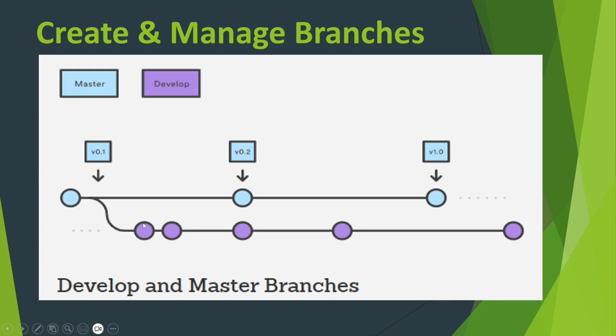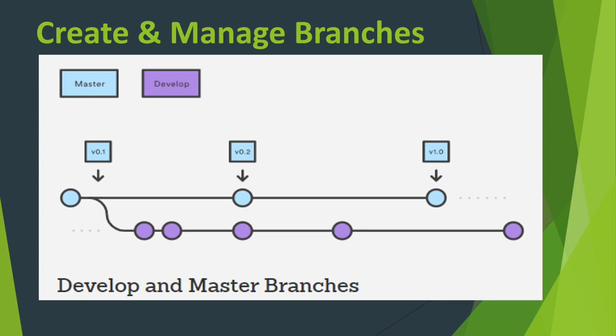Once everything is pushed into their own branches, the code base has to be merged into the master branch so that it has the latest and greatest workable test case automation suite, and we will use this for the release execution. That is what I'm going to explain in this session.